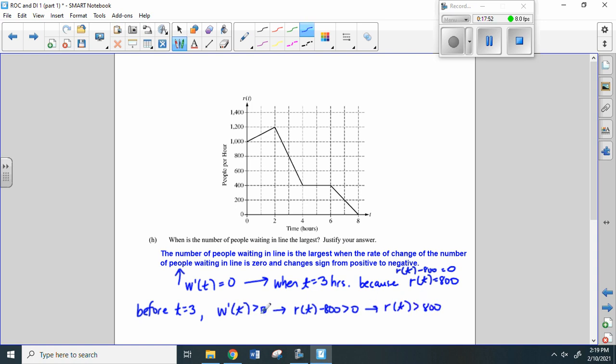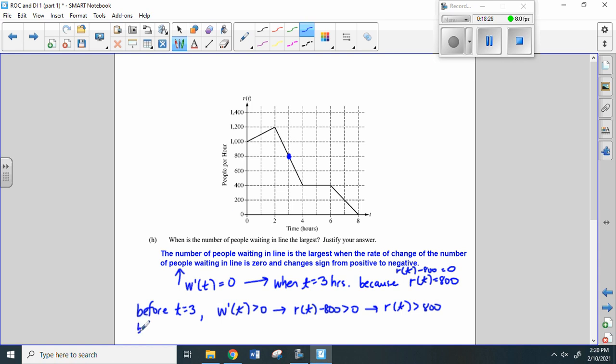I'm just using some simple substitution and then solving for r of t. Okay, well, is r of t greater than 800? All right, so here's time 3. Is r of t in fact greater than 800 before we get to that time? Okay, and since it is between 800 and 1200, r of t is in fact greater than 800. That's what we were hoping for, and so that's what I started writing, but I do have to verify that in the picture in order to leave it there.